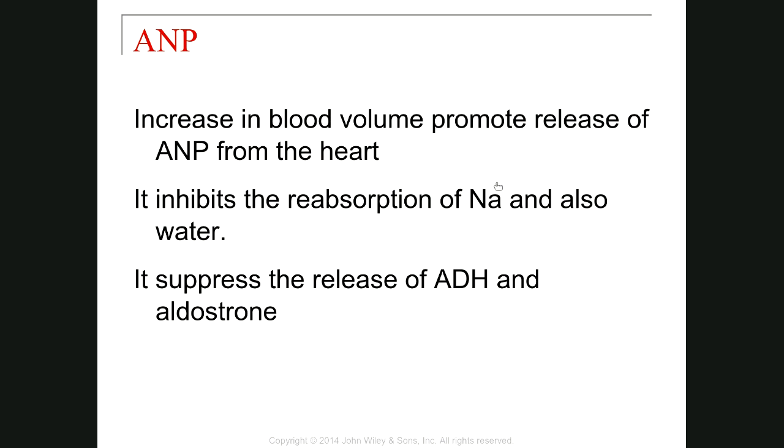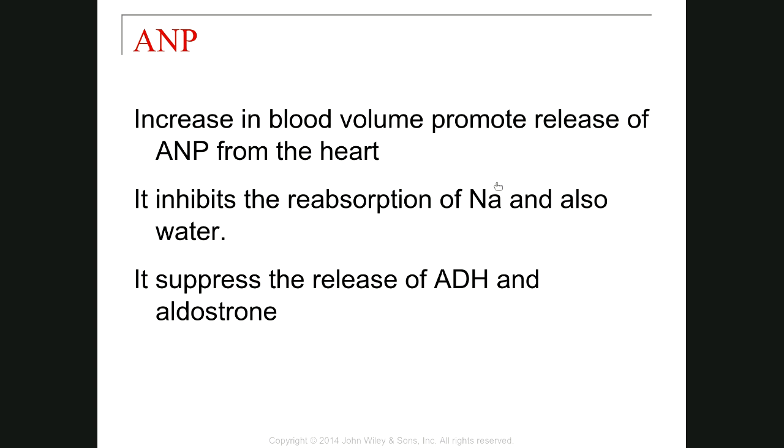Atrial natriuretic peptide inhibits reabsorption of sodium ion and water in the proximal convoluted tubule and collecting duct. Atrial natriuretic peptide also suppresses the secretion of aldosterone and ADH. These effects increase the excretion of sodium and water in the urine, which increases the urine output and decreases the blood volume and blood pressure.